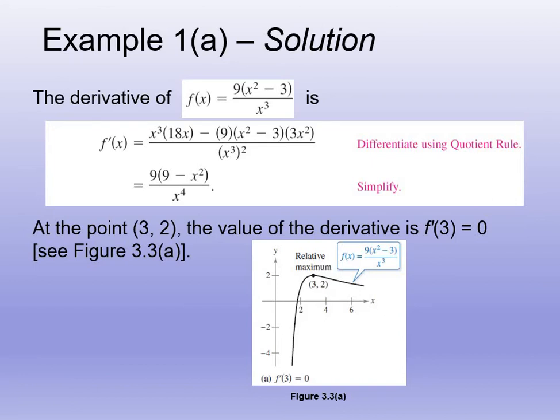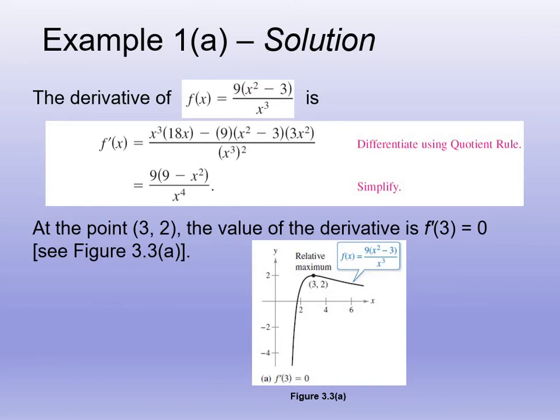Obviously -3 is not in question here. What's in question is 3. So the solution: when is the derivative equal to 0 here? When x equals 3. So we substitute in f prime of 3, and when we put that in, the derivative is 0.